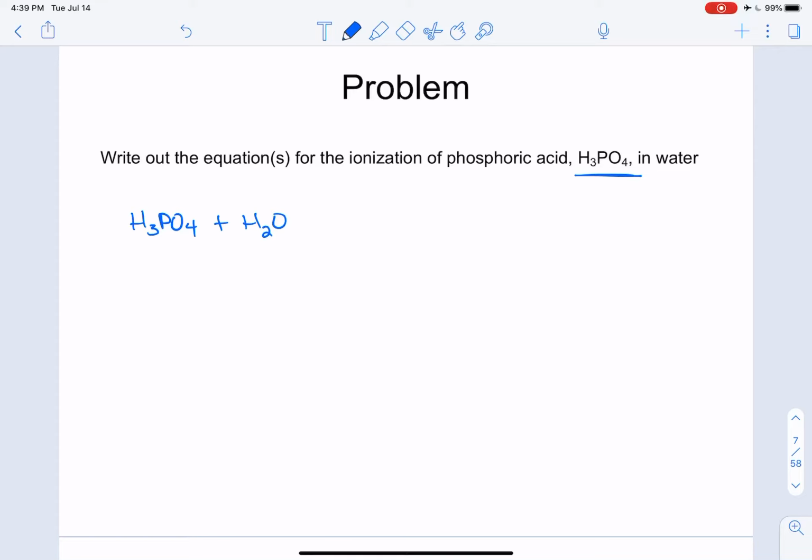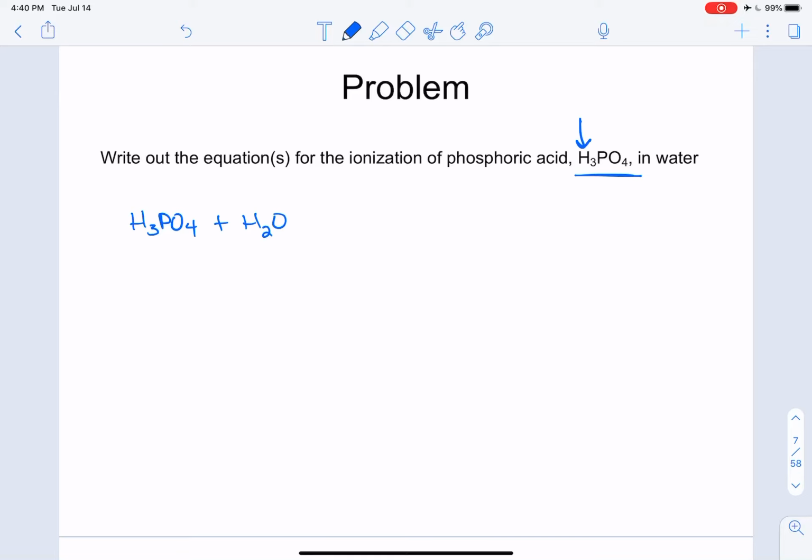And the weird thing about phosphoric acid is it's a polyprotic acid. You can see all three hydrogens right there, all three acidic hydrogens. But phosphoric acid doesn't like to give away any of those three hydrogens. It's not like sulfuric acid where the more hydrogens it has, the stronger it is.